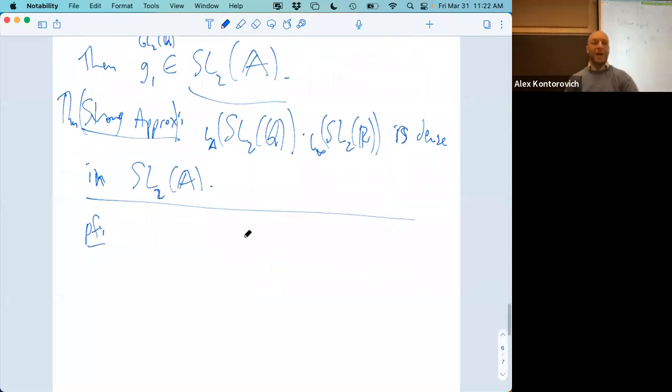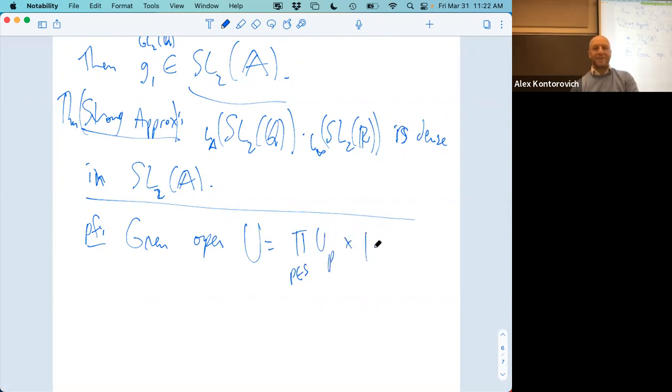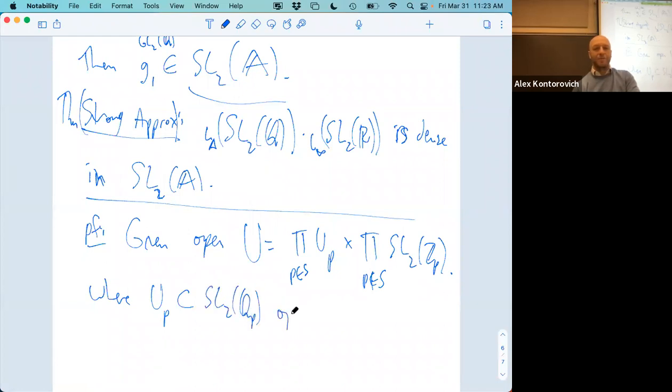Why is this true? Well, what does it mean to be dense? Given some open set, let's say U is the open set. What does an open set look like? It's a product over some finite number of U_p, times, at every place that's not in S, SL2 Z_p, where U_p, a subset of SL2 Q_p, is open.